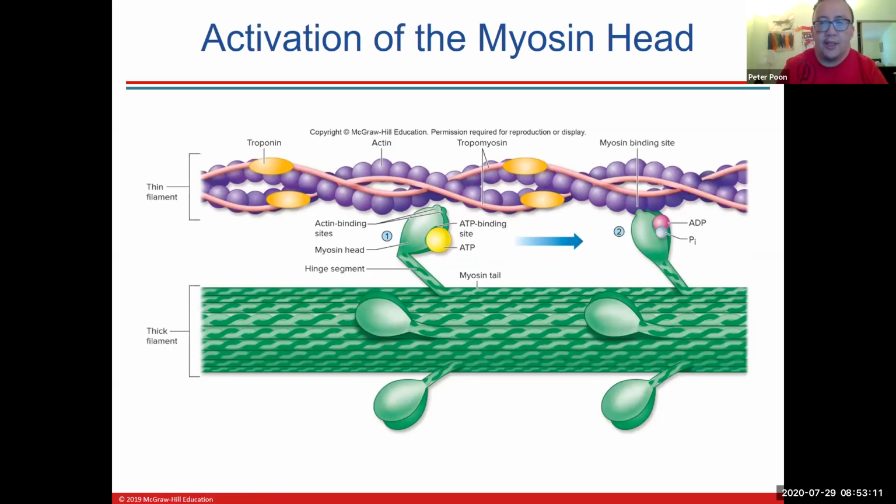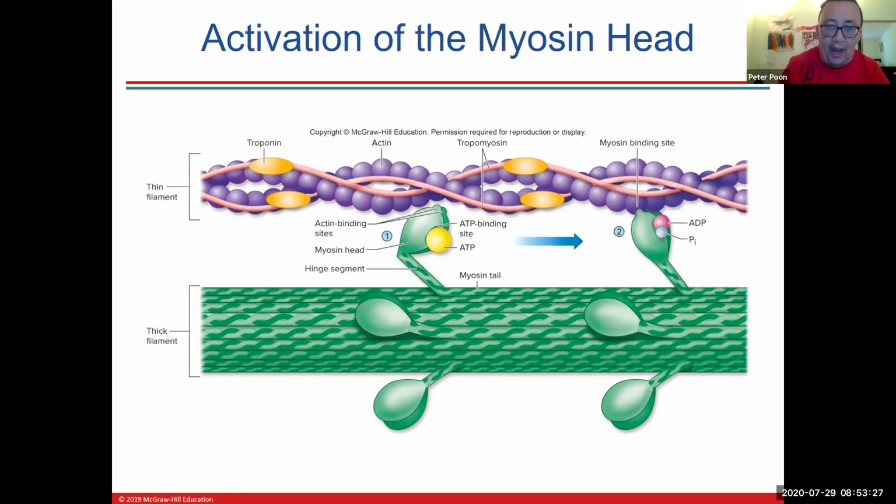Now let's get into more of the physiology of it all. I'm sure you all know muscle contractions are caused by ATP. I'm going to start off by ignoring the tropomyosin and troponin first.